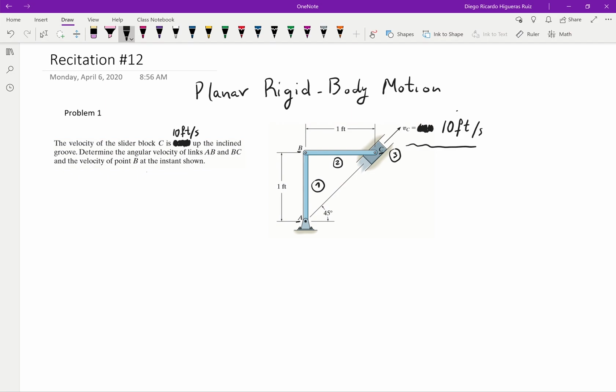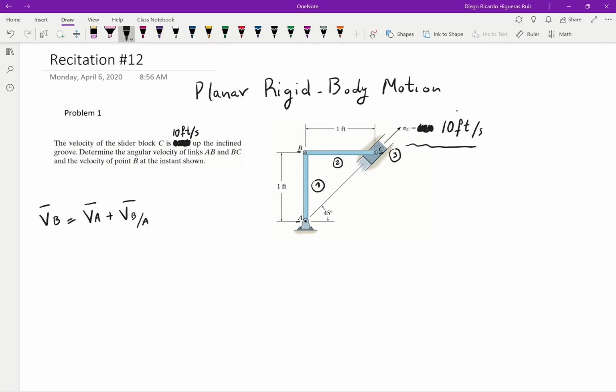So we're going to start writing our equations for relative motion, and since we need to calculate the velocity of point B, I'm going to calculate that as the velocity of point A plus the velocity of B with respect to A.